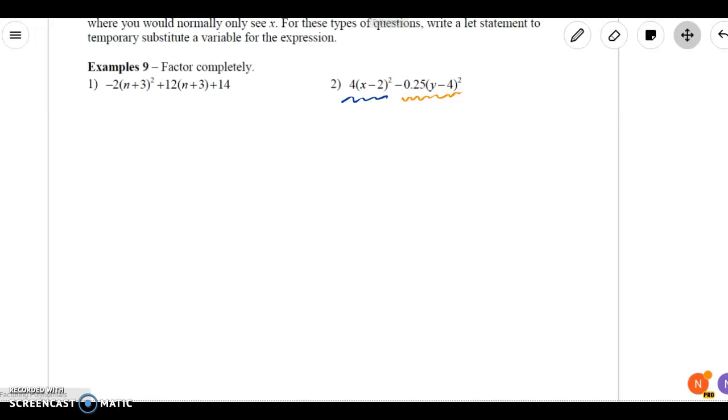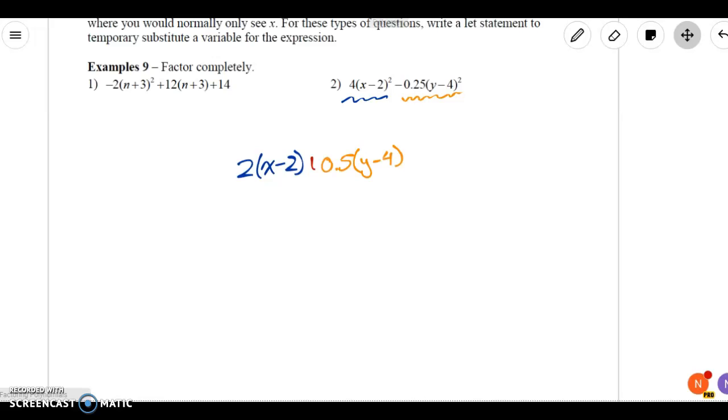Let's do the same thing and take the square root of our first term, the square root of our last term, and see if we can factor this conveniently. So just as a quick reminder, I can take the square root of my first term and the square root of my last term. You'll see them both there below.